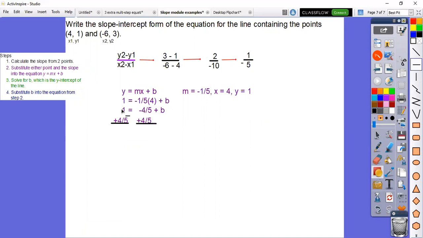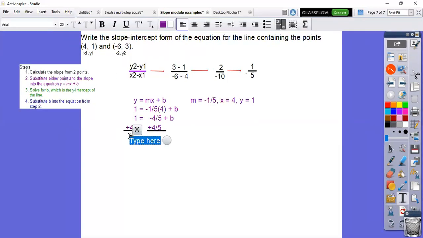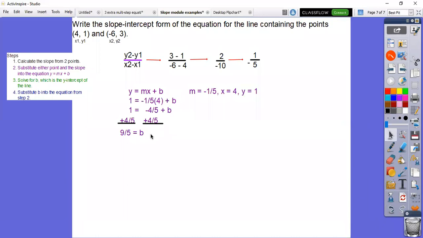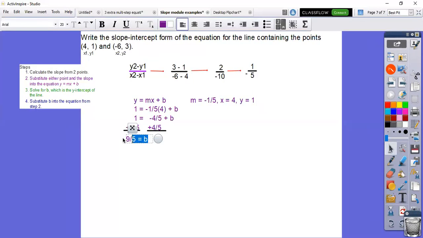So I'm just going to add 5/5 plus 4/5, which is 9/5. Equals b. Okay? So I solved for b. Let me highlight that in green. All this needs to be green.